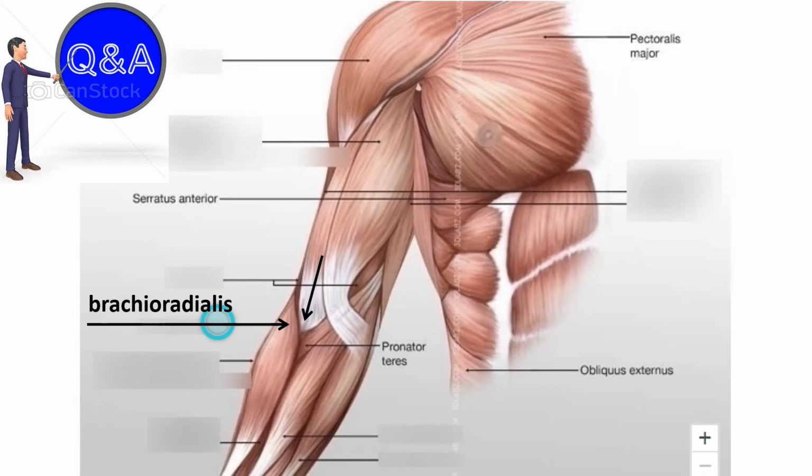The biceps tendon is a very important landmark in studying the anterior group of muscles. Now, just medial to the biceps tendon is the pronator teres, and then as we go medially, it is the flexor carpi radialis, and then the palmaris longus.